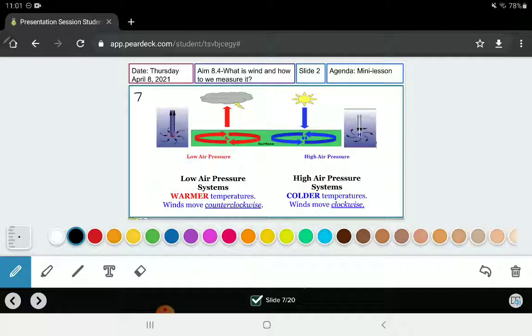So on this slide, this is actually slide 7 if you guys are counting. It says here at the bottom, slide 7. We have two types of air pressure systems. We have low pressure systems and we have high air pressure systems. Low air pressure systems, I've talked about this a few times, low pressure systems are gross. Low pressure systems have warmer temperatures. I say gross because I always think of New York City summers.